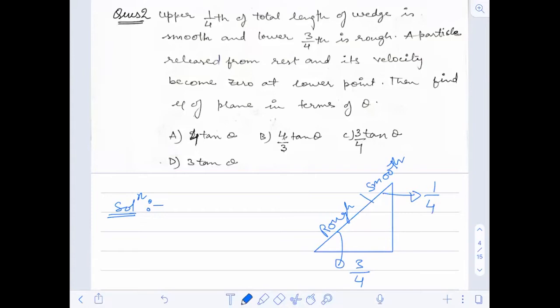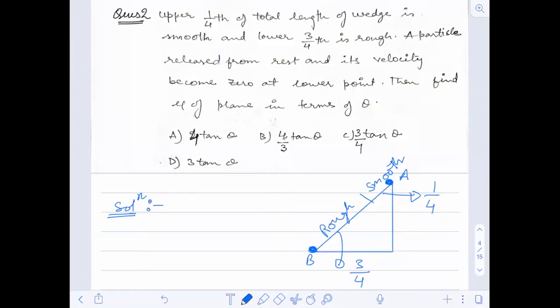Now it is saying a particle is released from rest and its velocity becomes zero at the lower point. So if I release a particle here from point A, as it reaches point B, its velocity becomes 0. Then find mu of the plane in terms of theta.